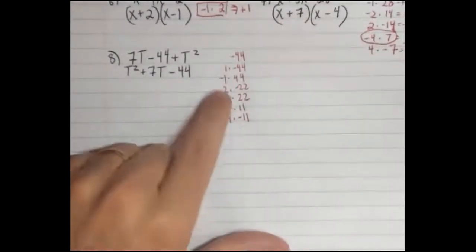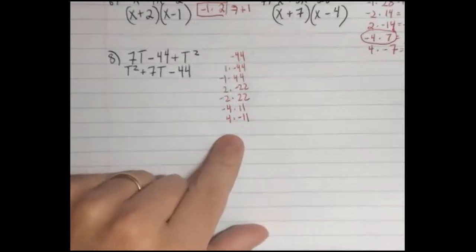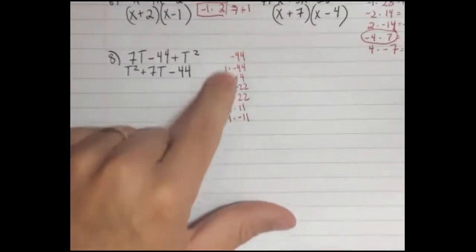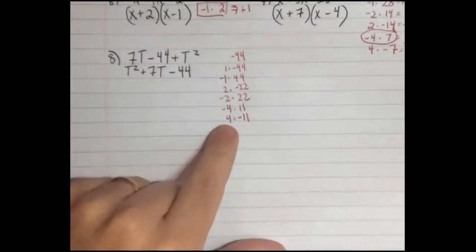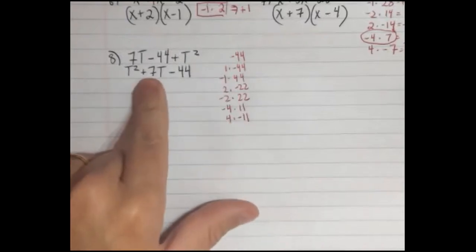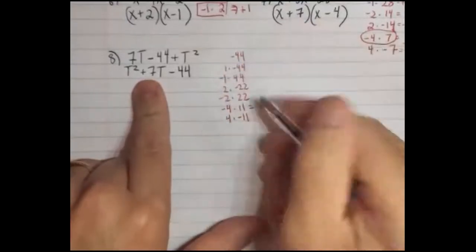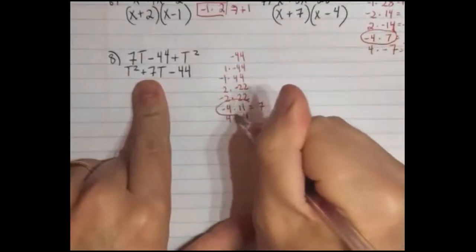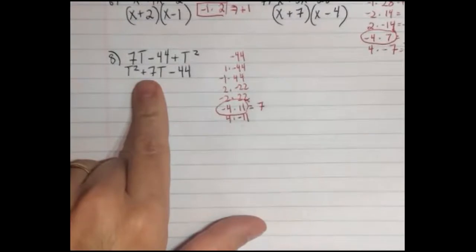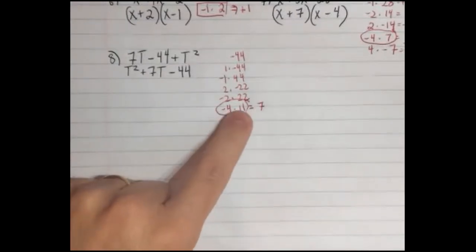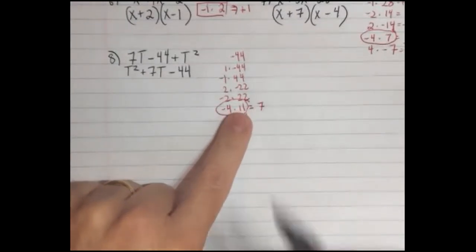I think that's it for negative 44. And again, which one of these would add up to a positive 7? We know it's negative 4 times positive 11.